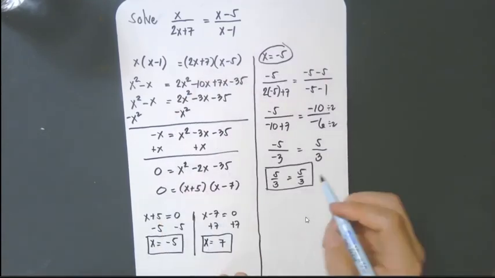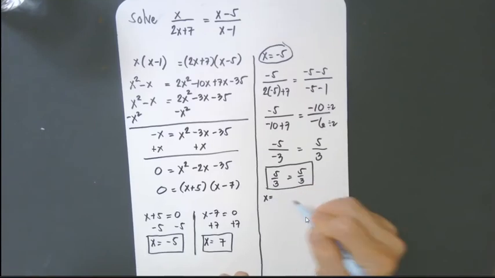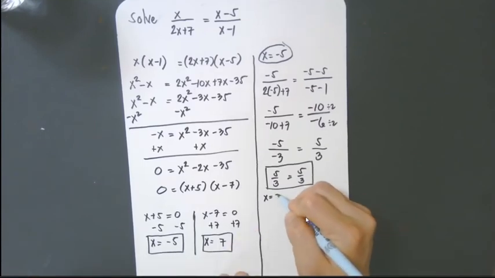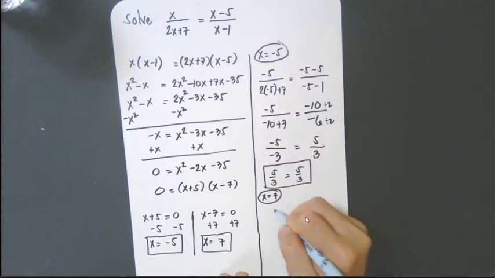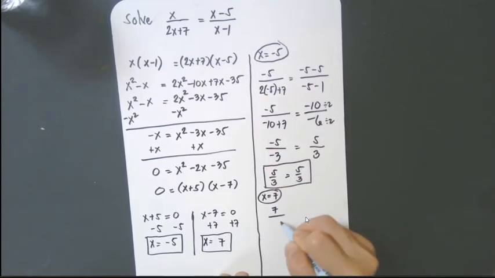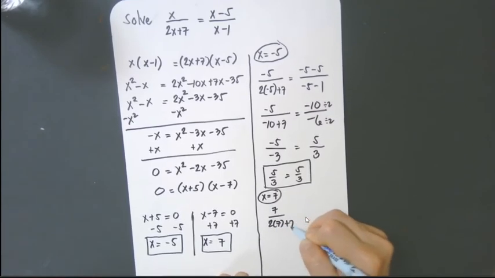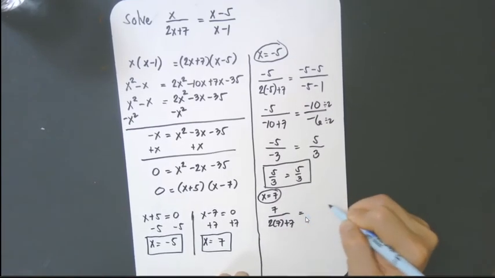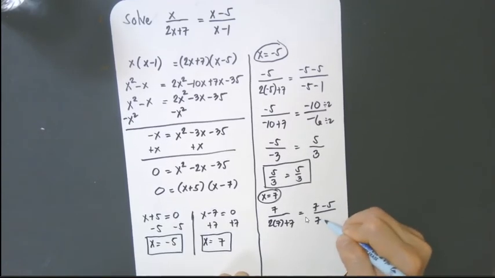Now let's try our second value, which is positive 7. So we have x is equal to 7. Same thing, we plug in the equation. So we have 7 over 2 times 7 plus 7 is equal to 7 minus 5 over 7 minus 1.